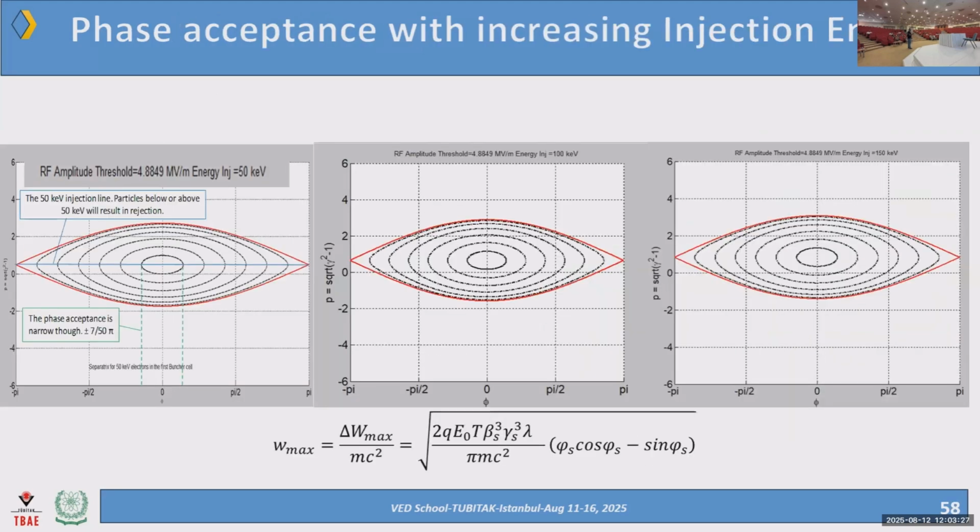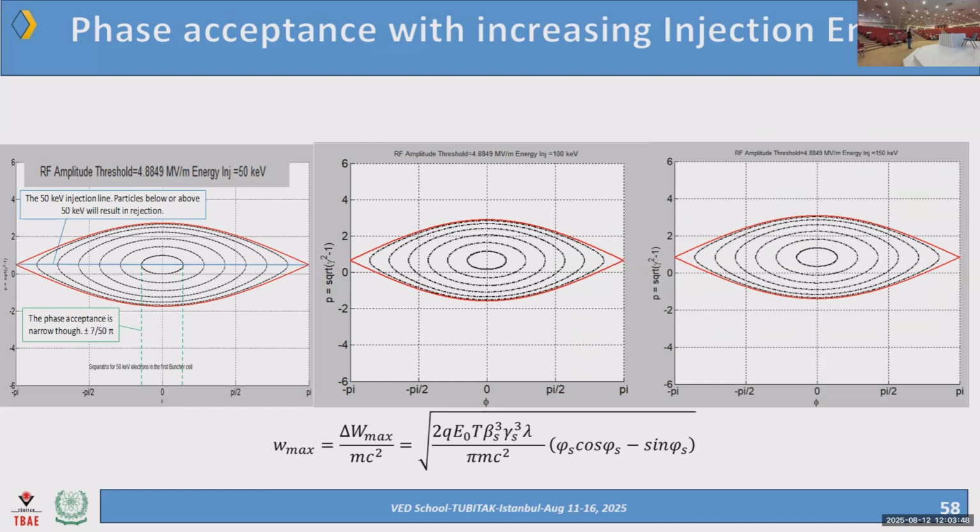I drew this in MATLAB using this equation. You can also draw it. Say, for example, I have 50 keV. The window where I can inject is quite small. This is the window where the eye of this separatrix touches this zero line.